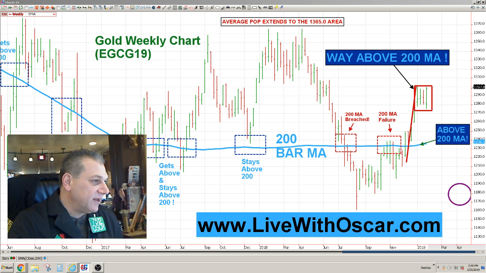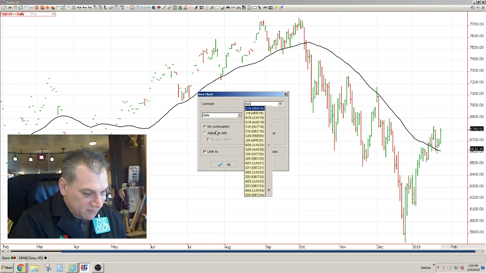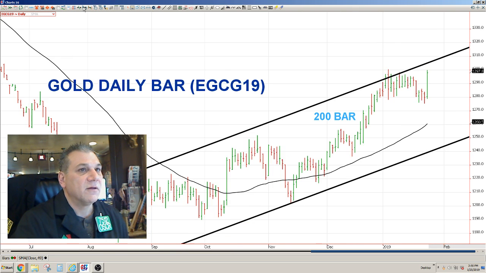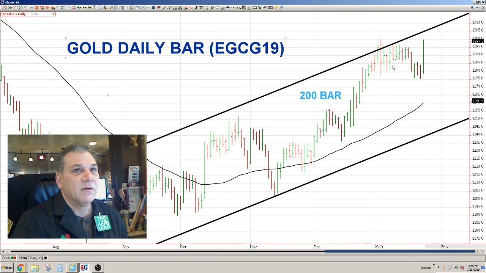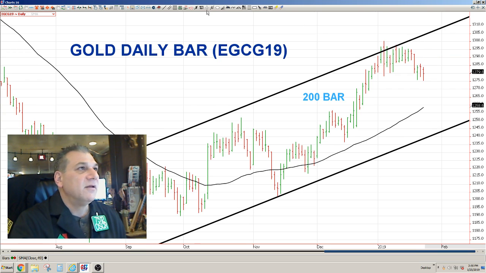On a daily, let's go see if we've got a daily gold somewhere. Maybe here. All right. On the daily, take today's bar out of there, and basically it was building a little mini bear flag. And I had a red Omni, so I thought, well, might as well give this one a whirl and see what's going to happen.